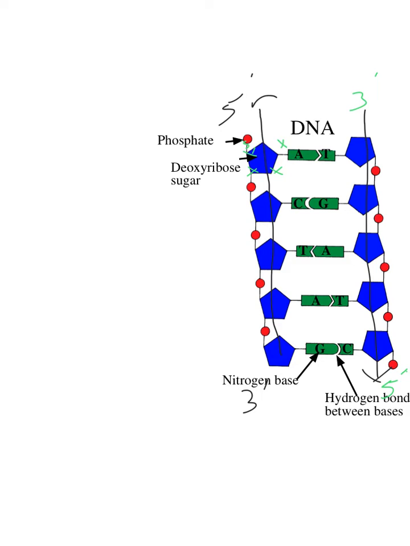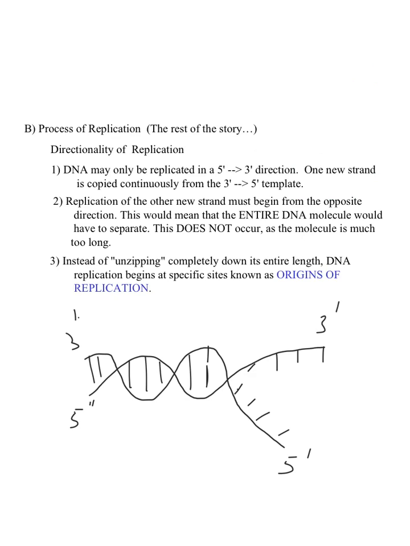So here we go for some exercise. Here's the rule. RNA polymerase only works in one direction, so the DNA can only be copied in a 5 to 3 direction. So one new strand is copied continuously from that 3 to 5 template, the 3 to 5 mold.